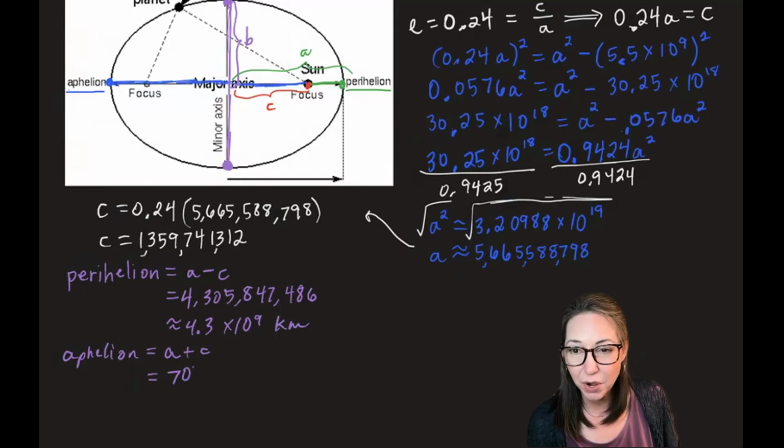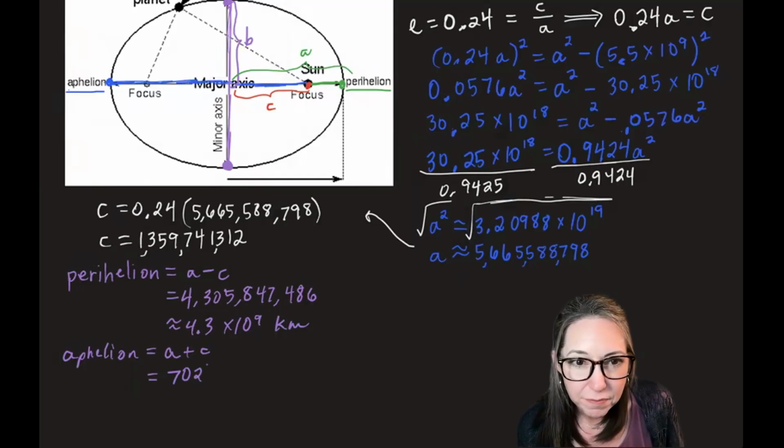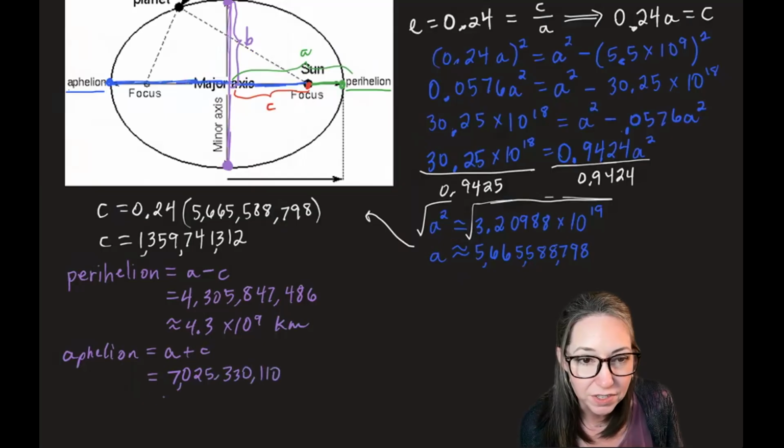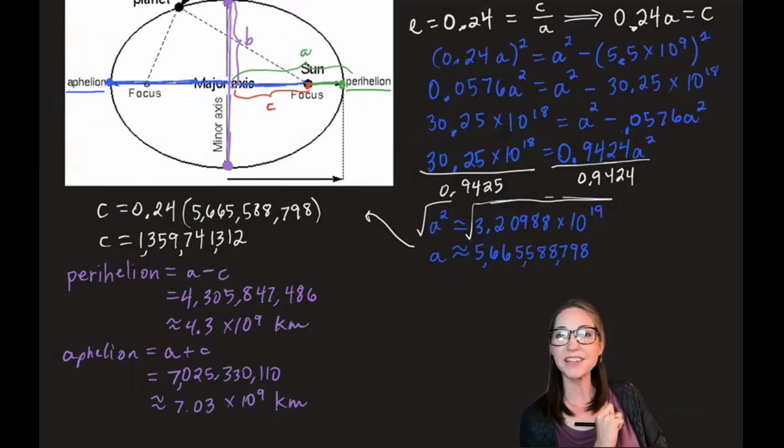So 7,025,330,110, which is a little too precise, but we can say it is approximately 7.03 times 10 to the ninth kilometers at the furthest point from the sun. Isn't that fun?